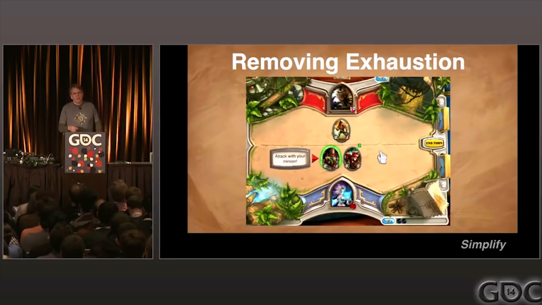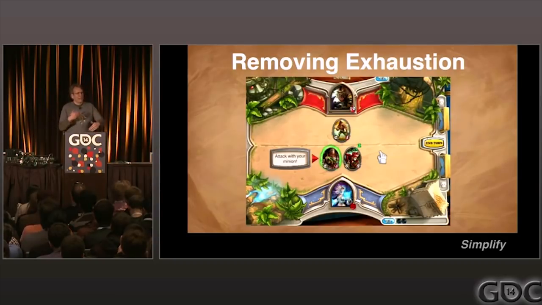Then a separate thing that we did was, as we were looking at defenses and how creatures defend themselves, traditionally, if I have a guy who can stop enemy attackers, you would tap or exhaust, or whatever the term is, depending on the game, to block an enemy attacker. And at first we were thinking that was the right way to go.